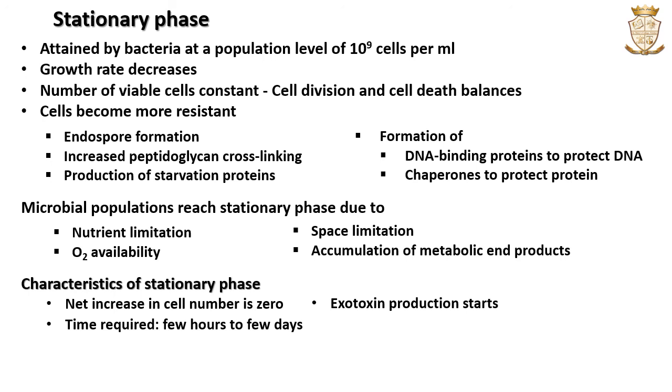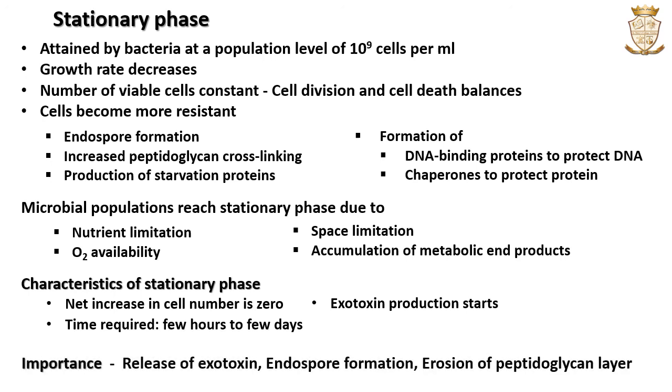During the stationary phase, some bacteria start to produce exotoxins. Some bacteria produce endospores, and some bacteria start to have erosion in their peptidoglycan layer. Mainly in gram-positive bacteria, the erosion of the peptidoglycan layer will result in such cells showing as gram-negative upon staining.